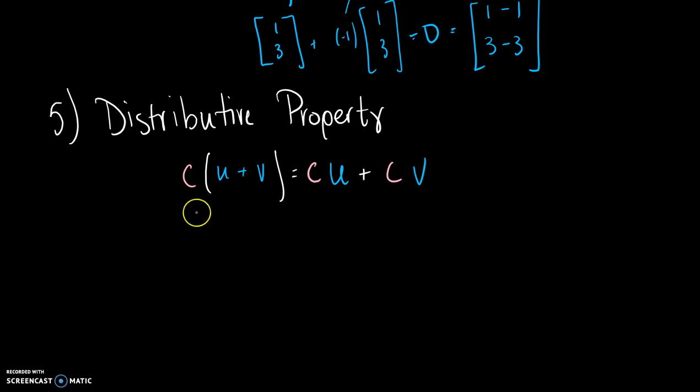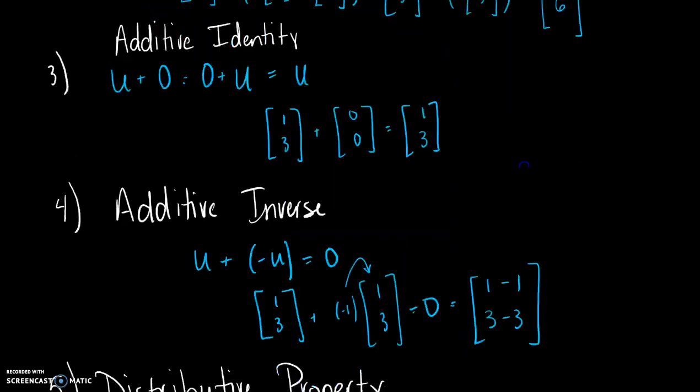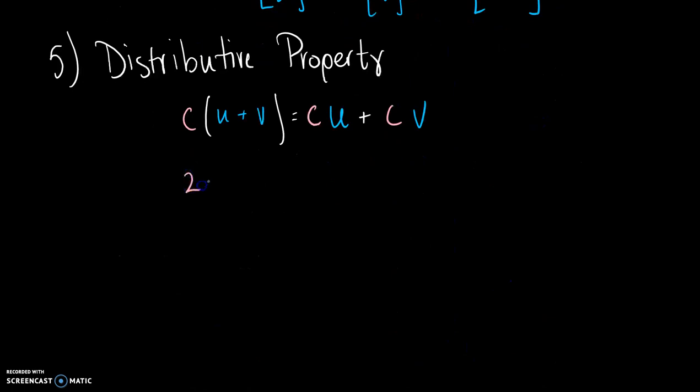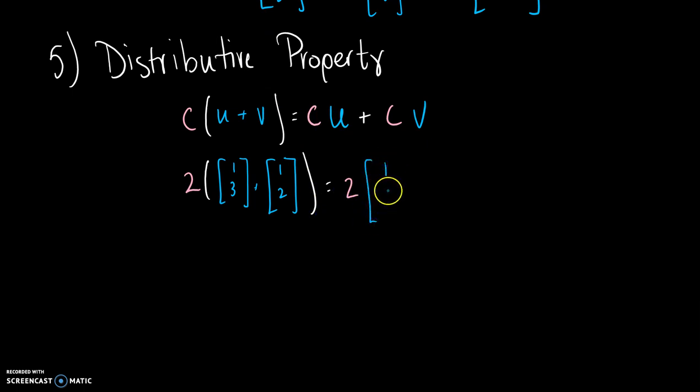Well, we said that C is equal to 2, I believe. So we have 2 times (1, 3), excuse me, plus (1, 2), and that's supposed to be equal, according to the distributive property, to (1, 3) times 2 plus 2 times (1, 2).